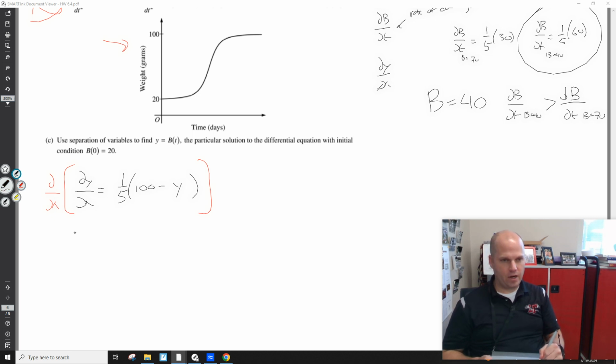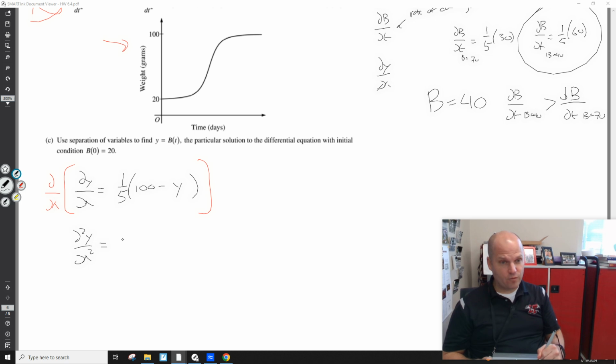Very helpful for now. If I take the second derivative, what are you going to do here? There's two things you could do. You could use the product rule, or you could distribute to make the derivative easier. I told you not to distribute. If you don't want to distribute, don't. Then here's what the product rule would look like.